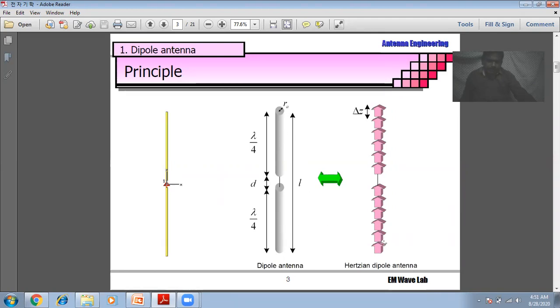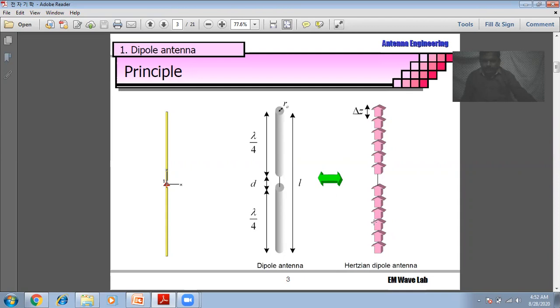Now, in the coming unit, the second unit, we will see the radiation resistance of this current element, whose other name is Hertzian dipole. So what is its value? That will be seen in unit 2. Here we are just visualizing this entire antenna as an end-to-end connection of Hertzian dipoles.